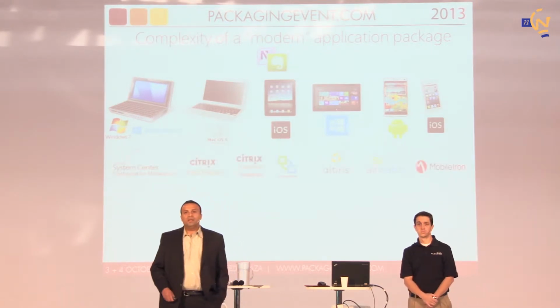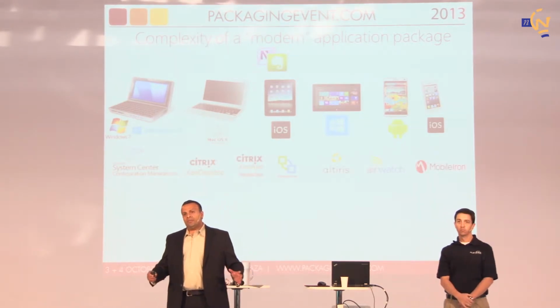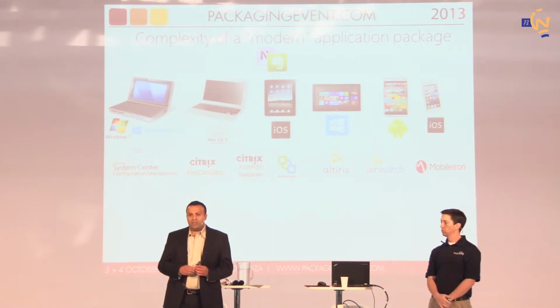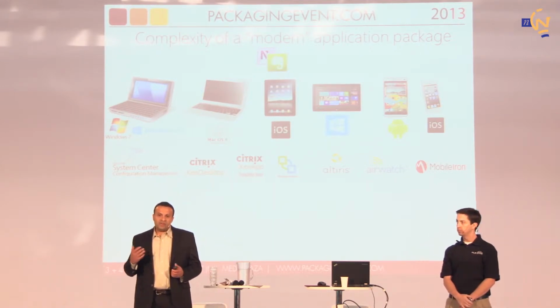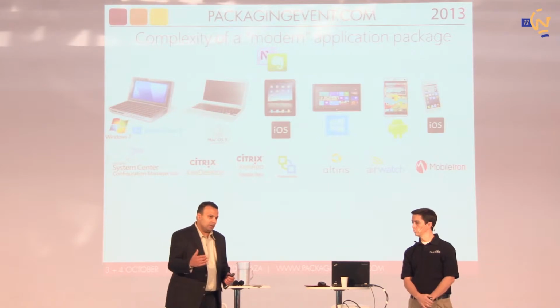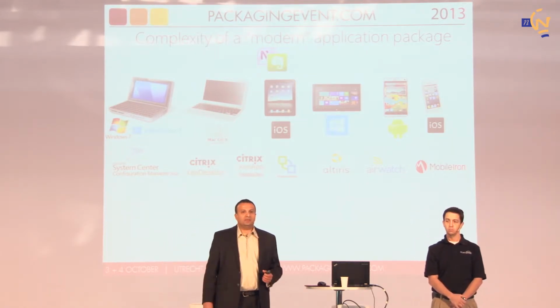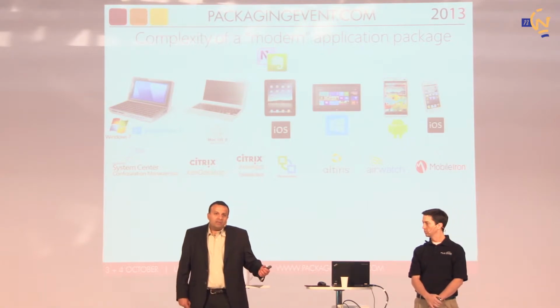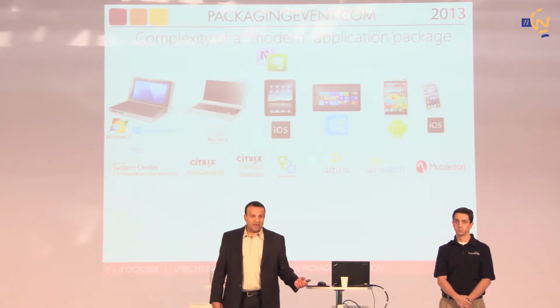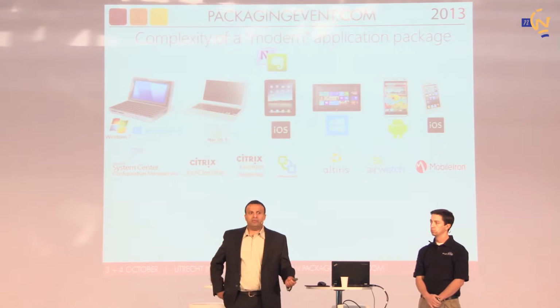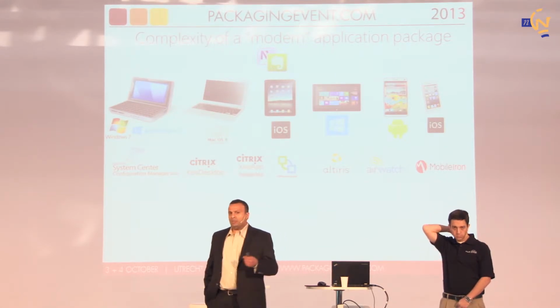There you go. And there are a number of what we call management platforms by which these can be delivered to those devices or those machines. So on Windows, you have System Center, SCCM, that's handling the delivery of the apps to the endpoints.